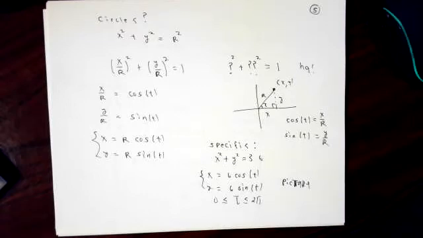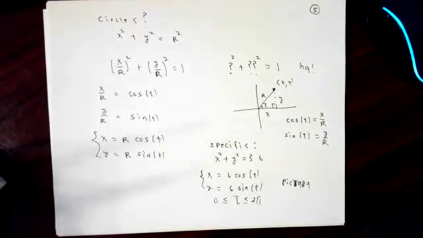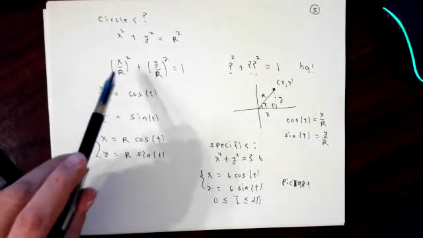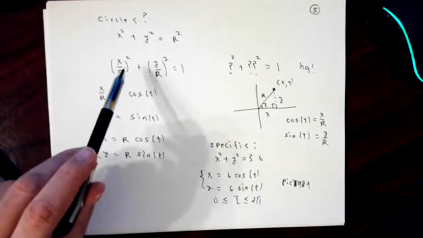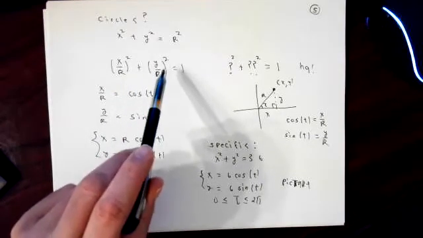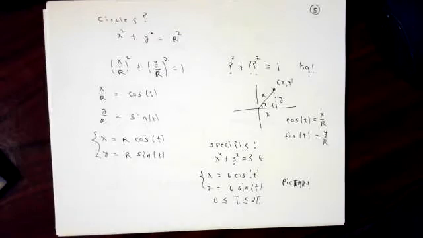I'd also like to think about circles. And for convenience, I'm just going to take circles that are centered at the origin. So they look like x squared plus y squared equals r squared, where r is the radius of the circle. If I divide through by r squared, I can write this as (x over r) squared plus (y over r) squared equals 1.